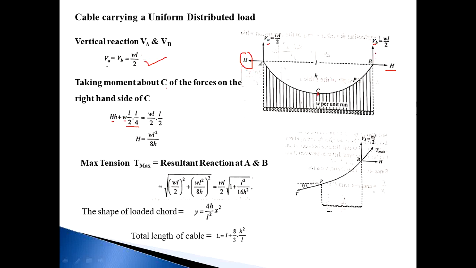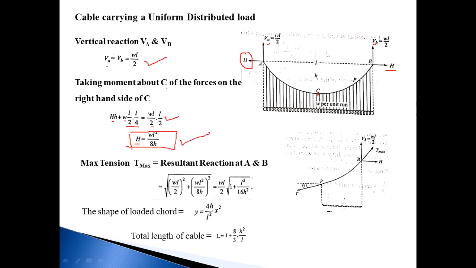Then the direction of the moment for VB with respect to C is anti-clockwise. The force VB is WL by 2, into distance from point C, which is L by 2. By equating these, we calculate H, and H becomes WL square by 8h.